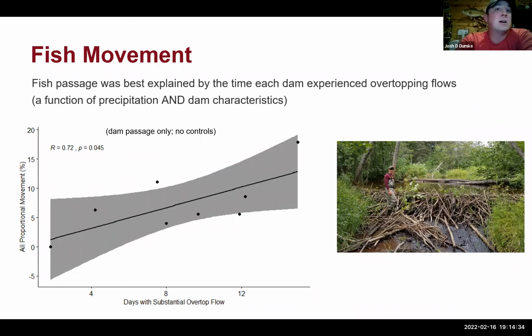I took out the control reaches because, you know, essentially water was always flowing through those riffles. So there was no real separation of substantial overtopping flow or not with the riffles. So this is showing us that dam passage was best explained by the time each dam experienced overtopping flows, which is a function of precipitation and dam characteristics. Next.